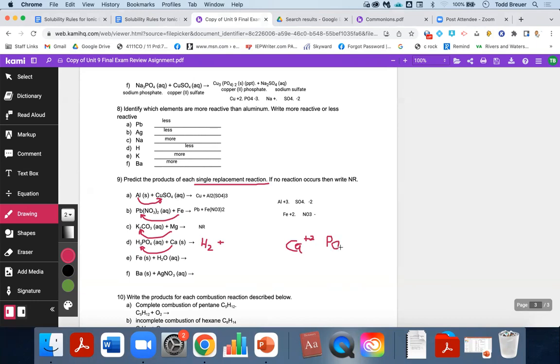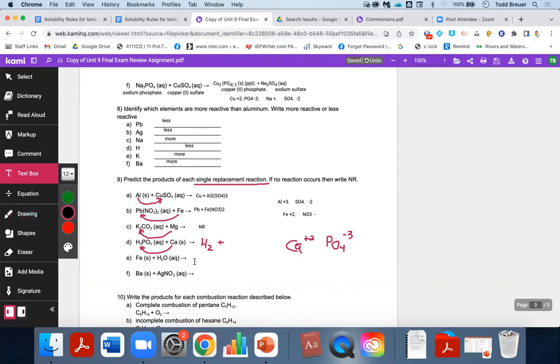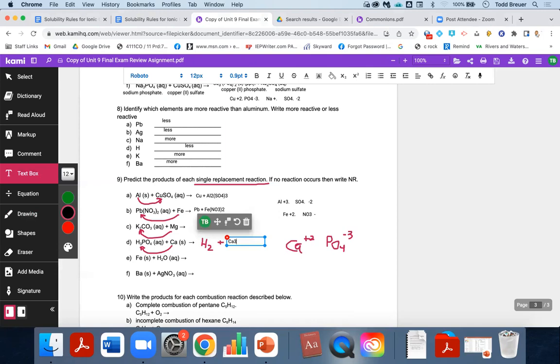PO4 is phosphate ion, and it has a charge of -3. And we would crisscross. 2 comes down to PO4, 3 comes down to calcium, and we get a product that looks like this: Ca3, PO4 in parentheses, but we need to indicate that there's 2 of them.